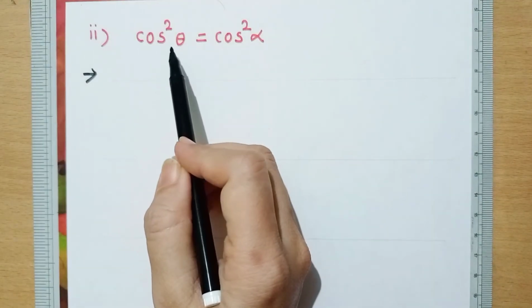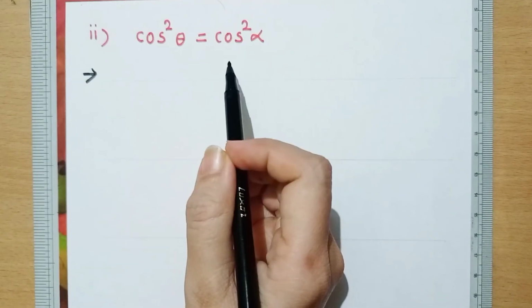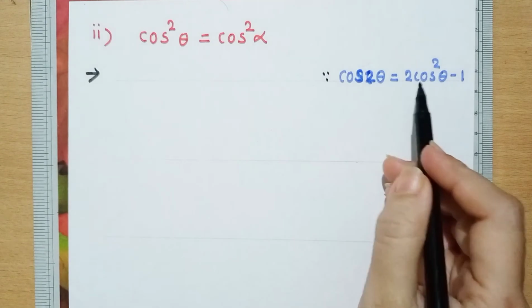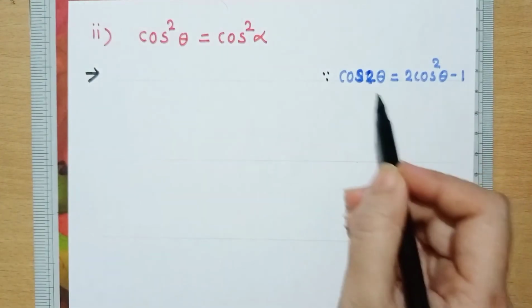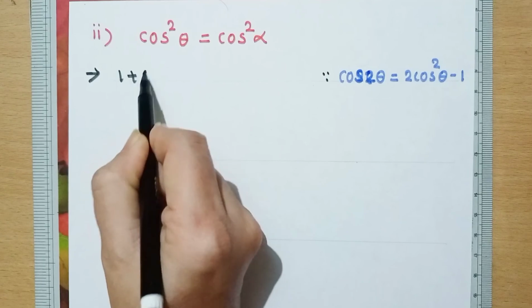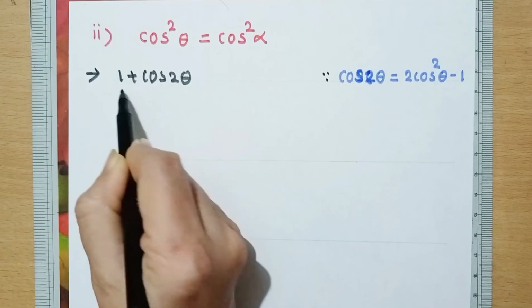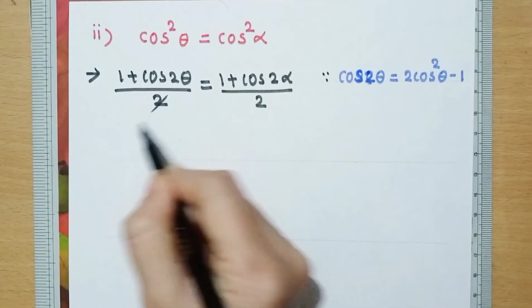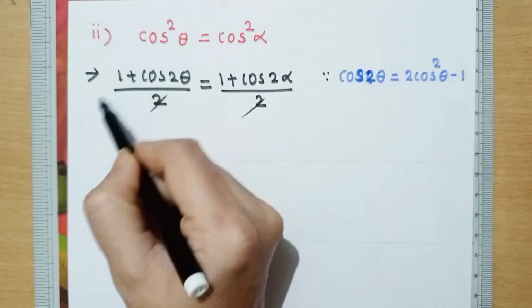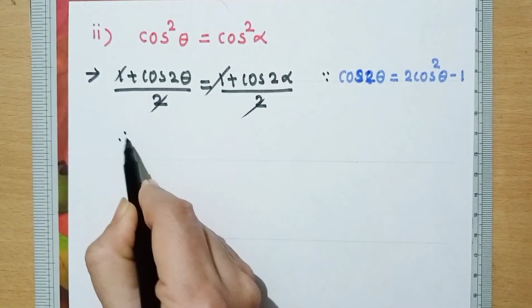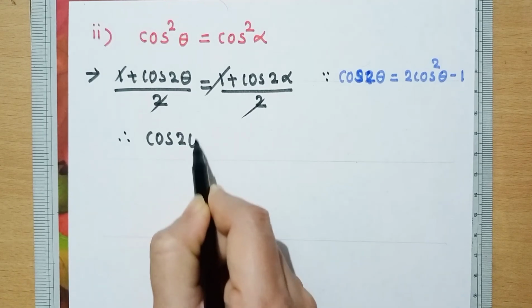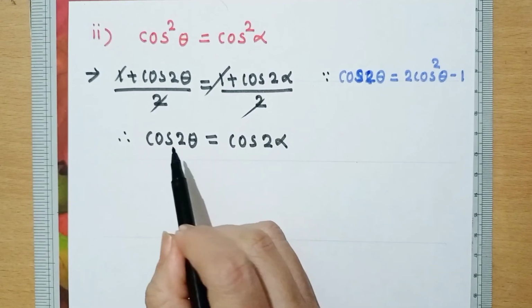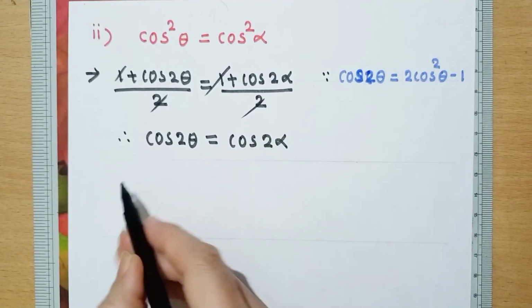Let's find the general solution of cos square theta equal to cos square alpha, and here also we will use the cos 2 theta formula. By using this formula, cos square theta equal to, move 1 here, so (1 plus cos of 2 theta) upon 2, and the same way here we will write. Now on both sides this 2 gets cancelled, afterward this 1 also gets cancelled, and therefore cos of 2 theta equal to cos of 2 alpha. Now we will use the cos theta equal to cos alpha formula here.